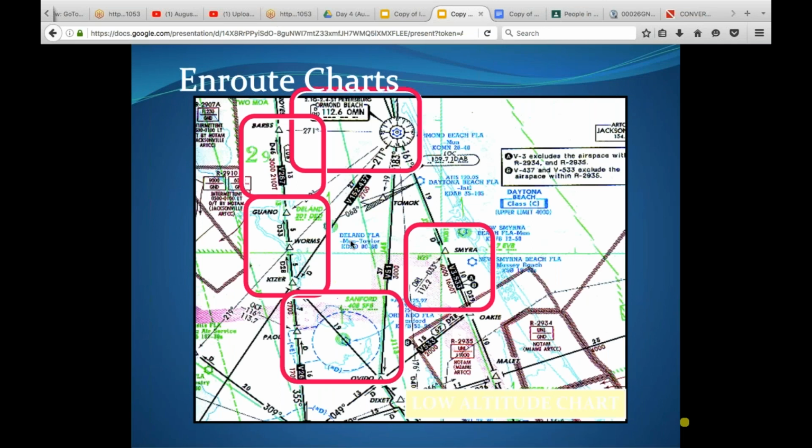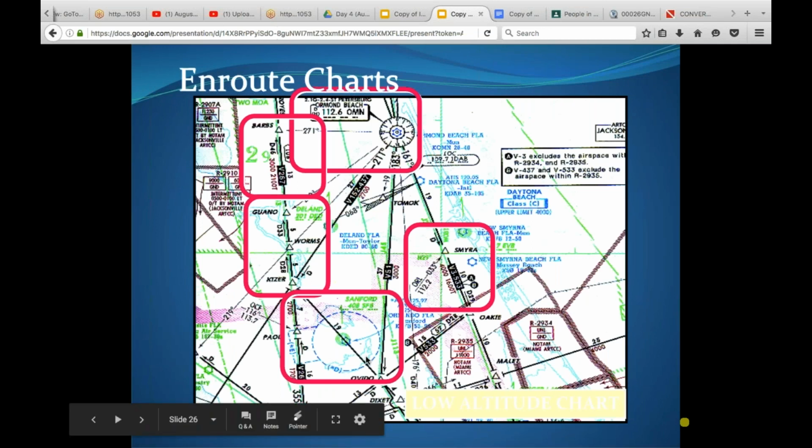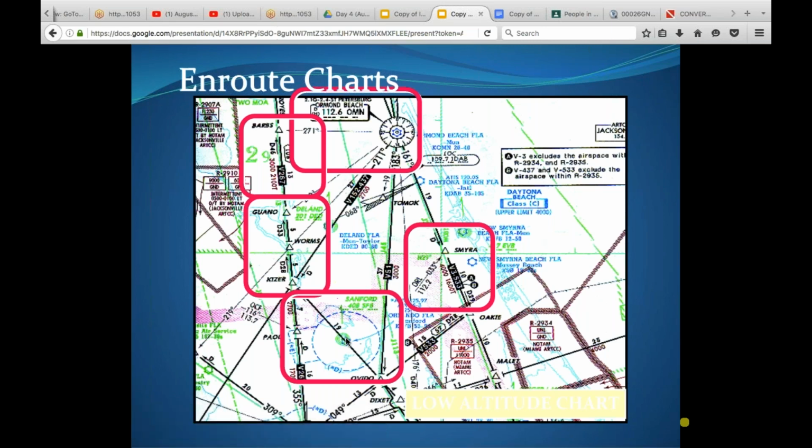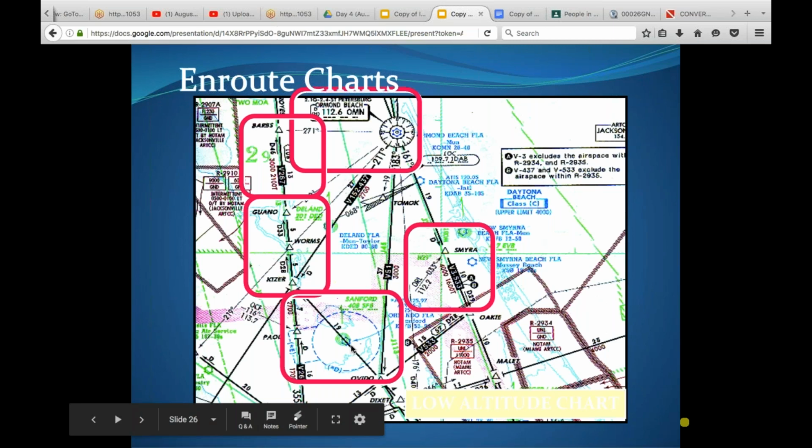All right. Does anybody remember what this thing is? Class D airspace with a VOR DME. So a VOR is going to look like this up here. Do you remember what this little circle means? This little thingy.